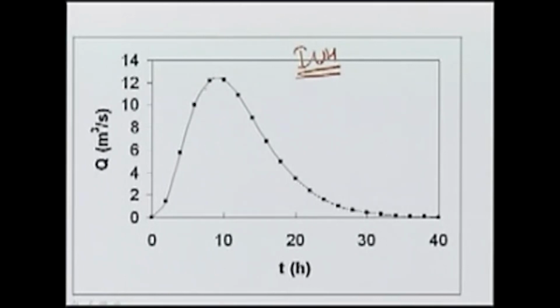And as we have already seen, this IUH can be used to obtain the DRH because of rainfall of varying intensity by using the convolution theorem.